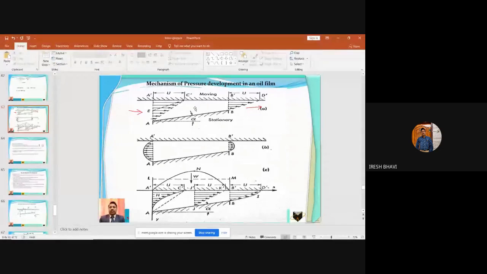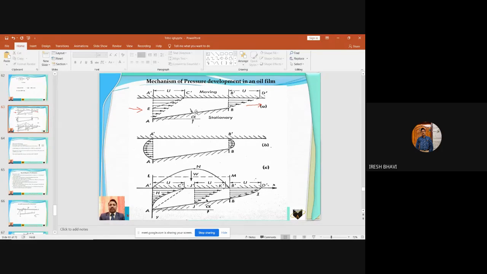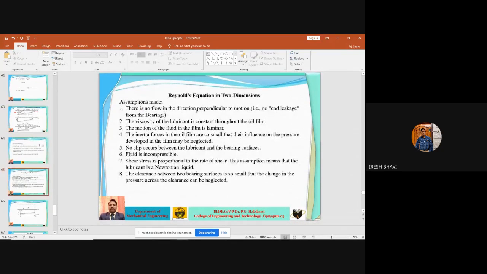Velocity of the fluid at the bearing is exactly equal to the velocity of the bearing. There is no slippage between the fluid film and the surfaces. They are in fixed contact. This is the fifth assumption.